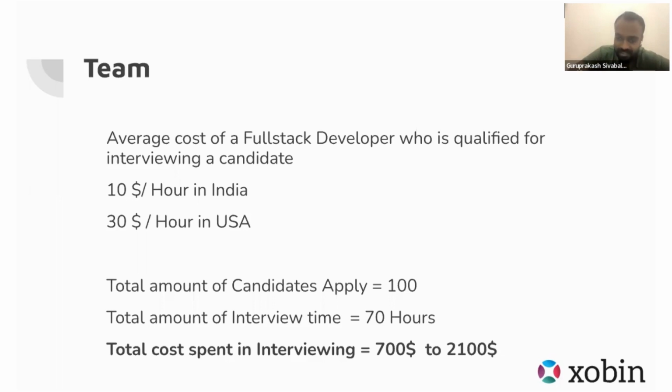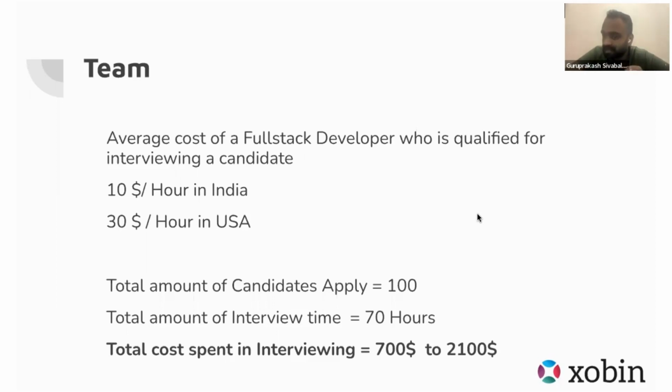And on average, after your HR screens out the basic unfiltered candidates, let's assume that you have close to 100 odd candidates who apply for your role. The overall amount of time it takes to interview all these candidates would be, at a minimum, 70 hours.